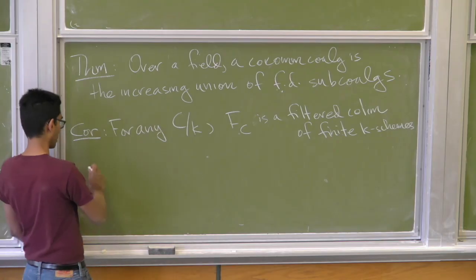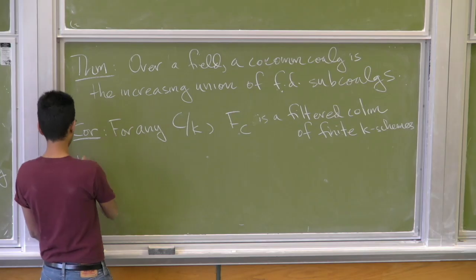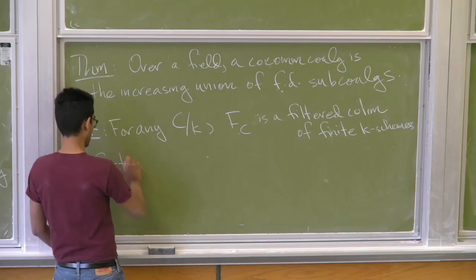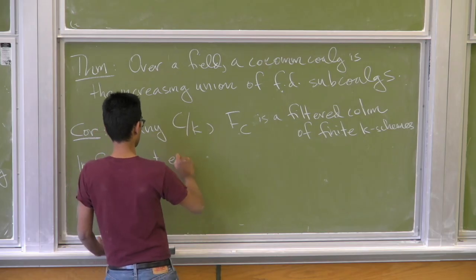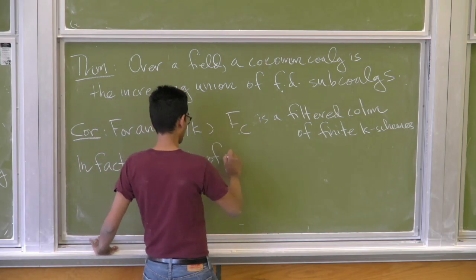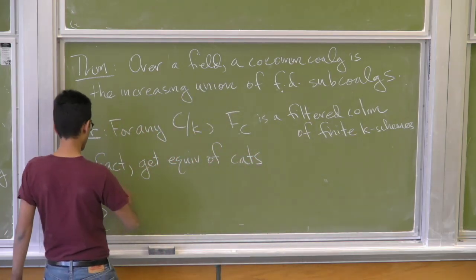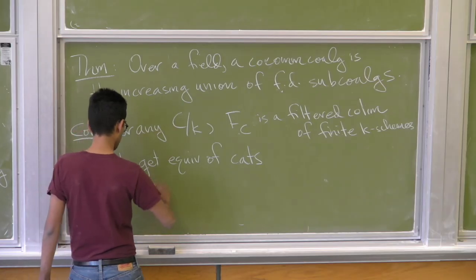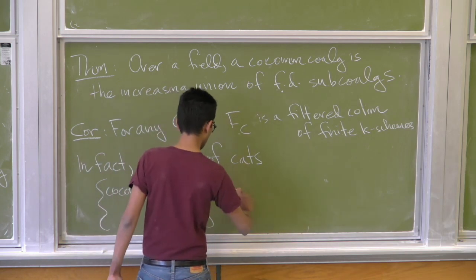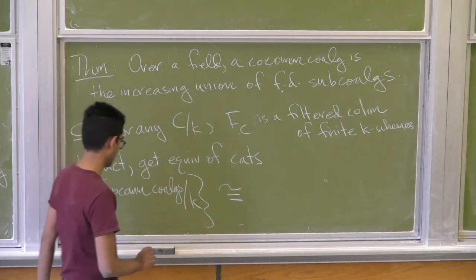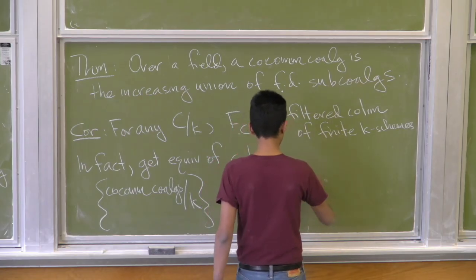In fact, we can say more precisely, what we get is actually an equivalence of categories between, on the one hand, co-commutative coalgebras and ind of finite schemes.